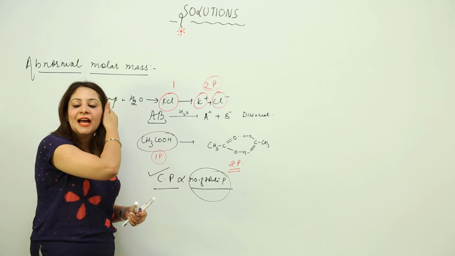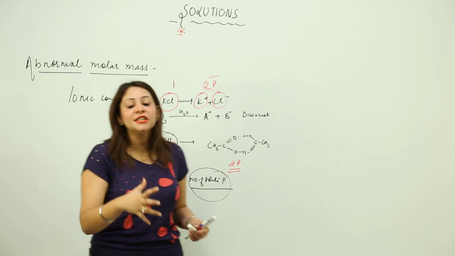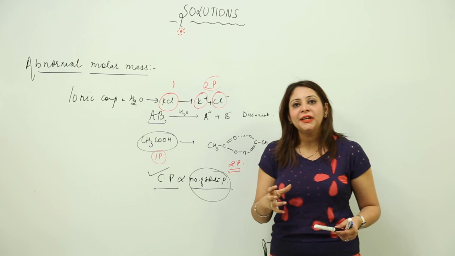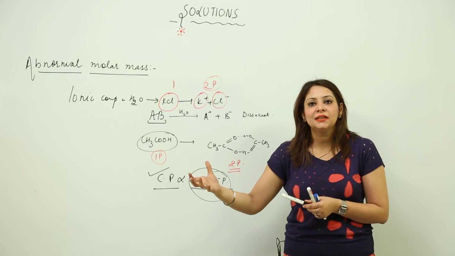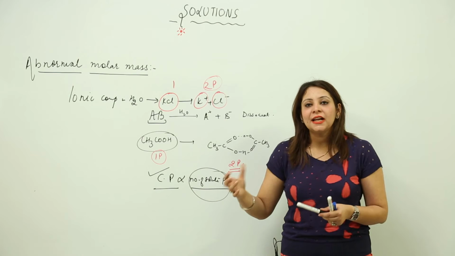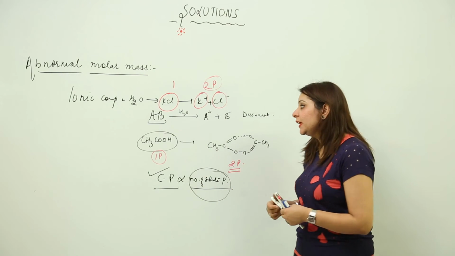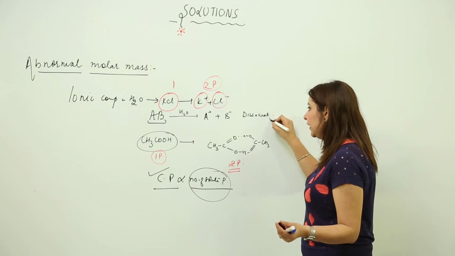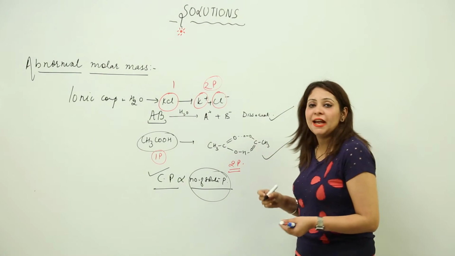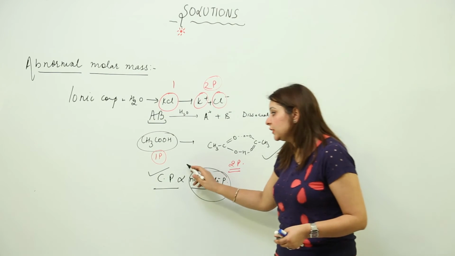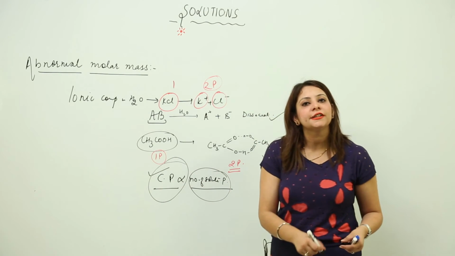In that case the calculated colligative property doesn't match the experimental, or expected, one, right? It doesn't match because the particles either get dissociated or associated. So it is going to affect the colligative property.